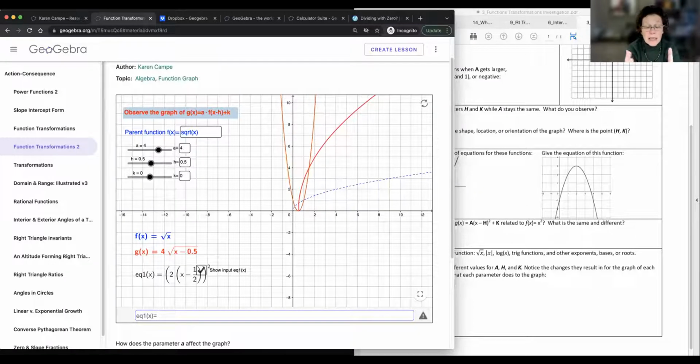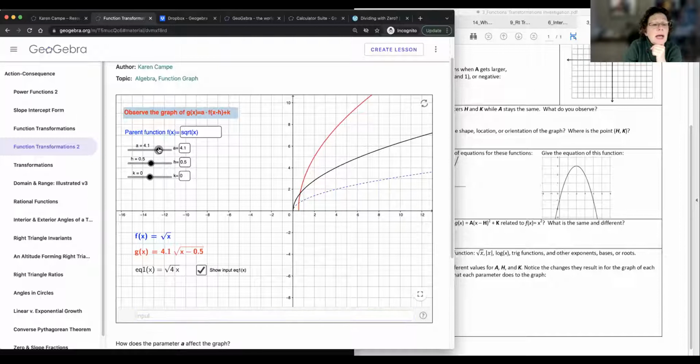It works great for quadratics and absolute value, but once you get into square root of x, you have a situation where having a negative value or a b parameter can't be factored out like we did with the quadratic. So if I do square root of, well, sometimes it can. If I do square root of 4x, that one can be factored out.